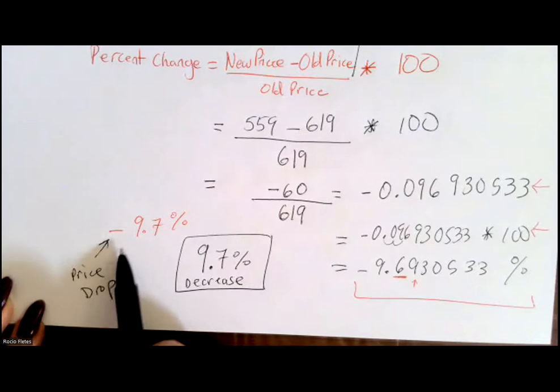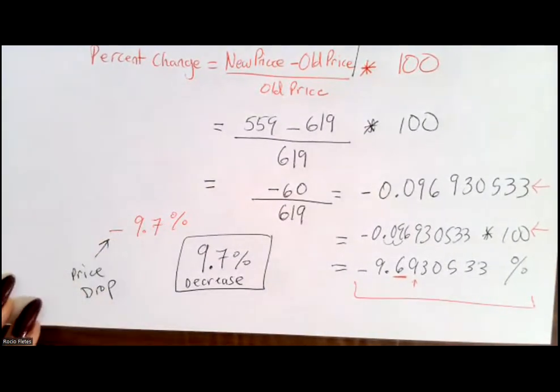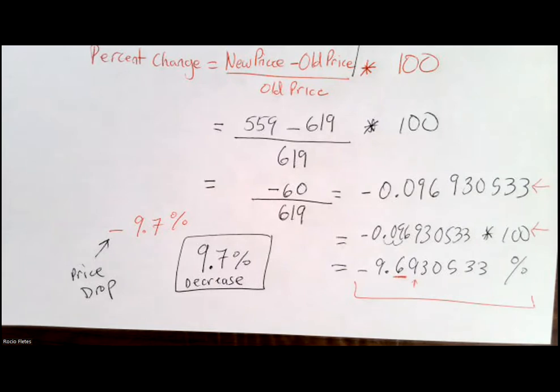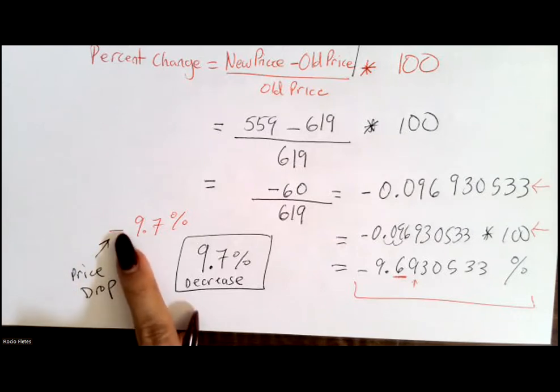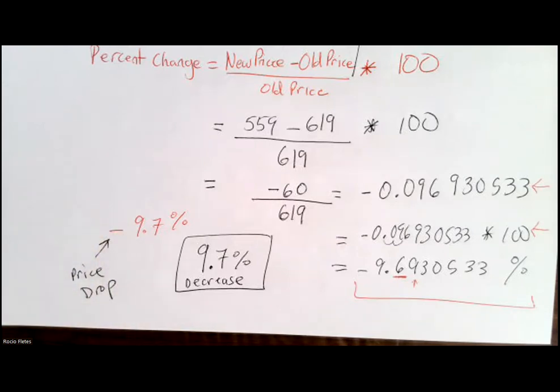There's a 9.7% decrease in price. Decrease, why? Because we ended up with a negative sign. But a common mistake that students make is to say it was a decrease of negative 9.7%. Then that's redundant. You're already saying that it was a decrease because there's a negative sign there. So the right way to say it is it's a 9.7% decrease in price.